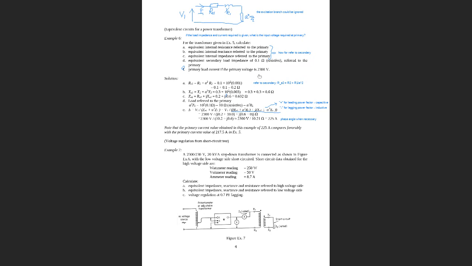Now the question changes. Given the impedance of the secondary loading and the fixed current required, what is the input voltage required at the primary? So you can do it as an example by yourselves.